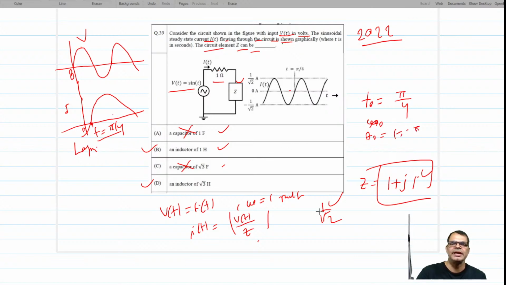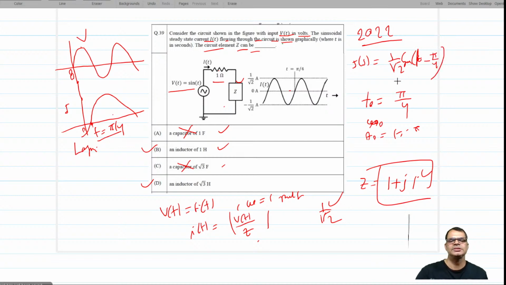If they ask, sometimes they do, you can easily write It will be 1 upon root 2 sin(t minus pi by 4), the equation. So from the amplitude condition you got the value. Only simple conditions, and it is a beautiful 2-mark question. So how easily you can do actual things in the topics.